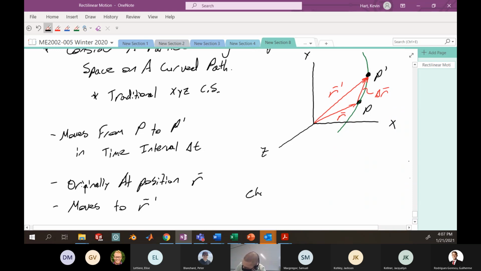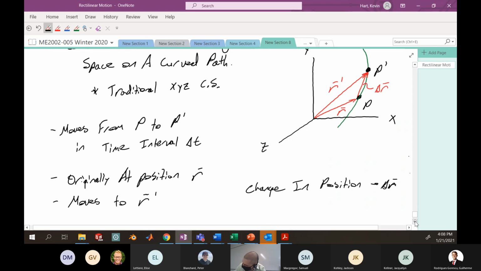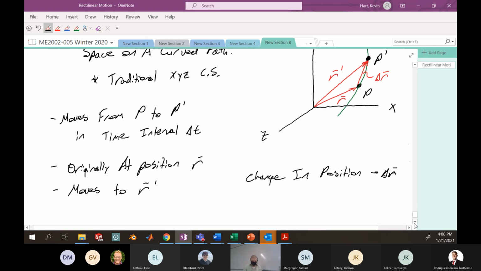So change in position is this delta r. And the change in position over a certain time interval is the velocity.